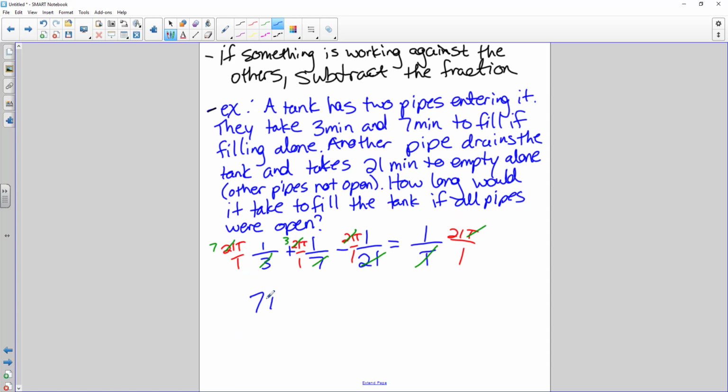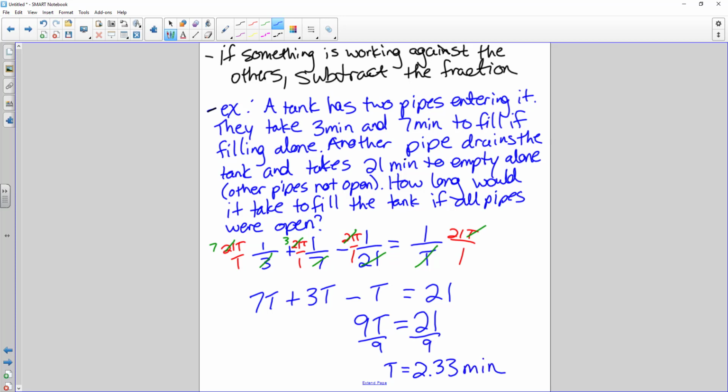So I'll be left with 7t plus 3t minus t equals 21. 7 and 3 is 10, minus 1 is 9. 9t equals 21, divide by 9, and I get 2 1/3 minutes, 2.33 minutes.